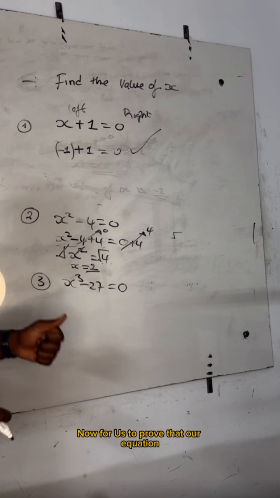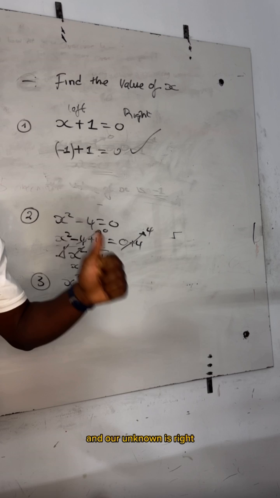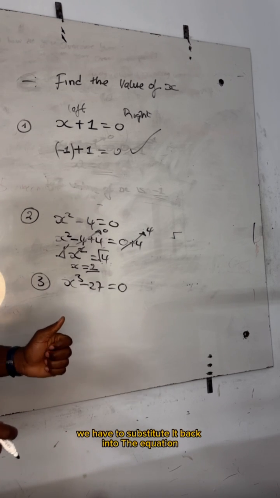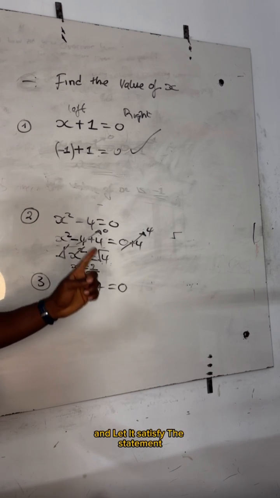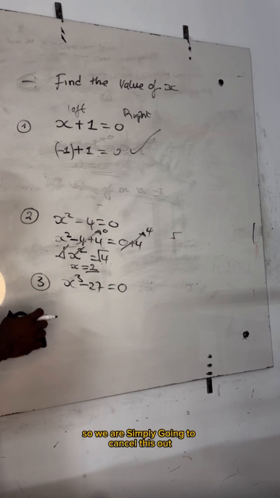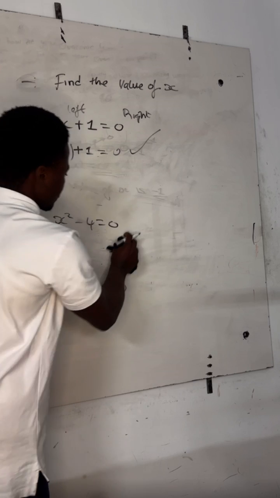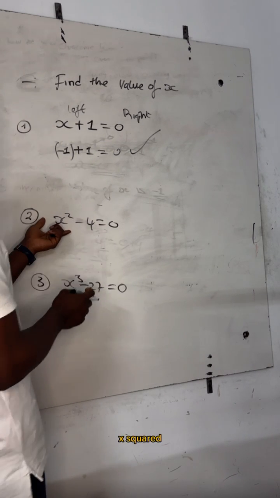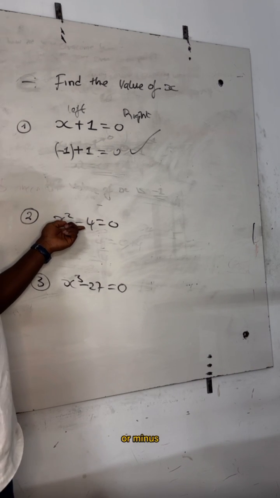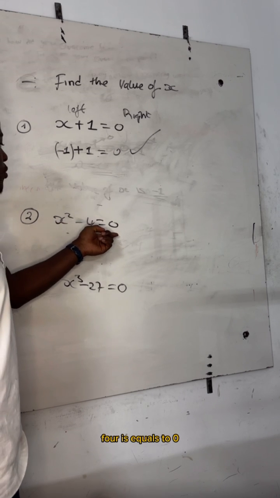Now for us to prove that our equation and our unknown is right, we have to substitute it back into the equation and let it satisfy the statement. So we are simply going to cancel this out. Now, it says x squared minus 4 is equal to 0.